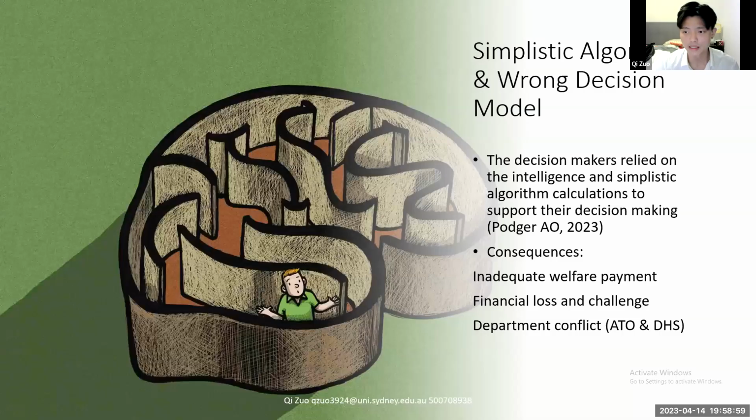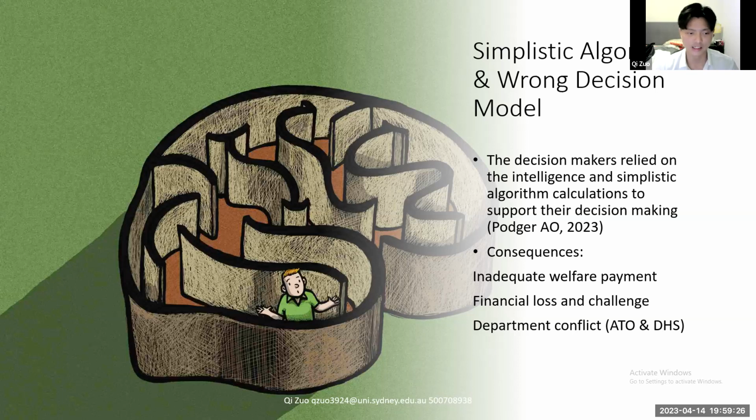So let me talk about the simplistic algorithm and decision-making model as the first reason. The managers, aka the decision makers, really relied on an intelligent but simplistic algorithm to support decision making. They didn't involve much human oversight. They just relied on the computer to do that.